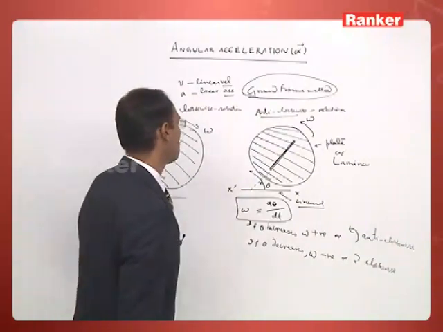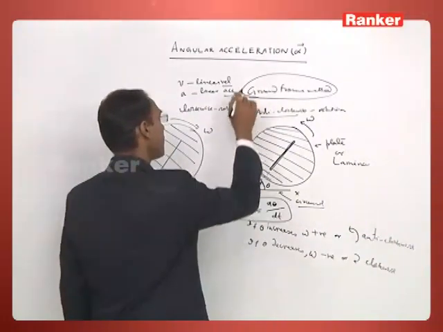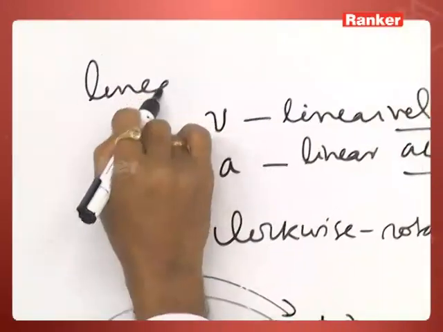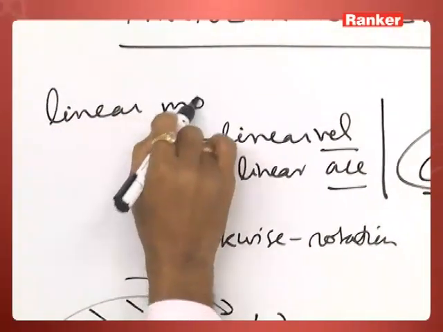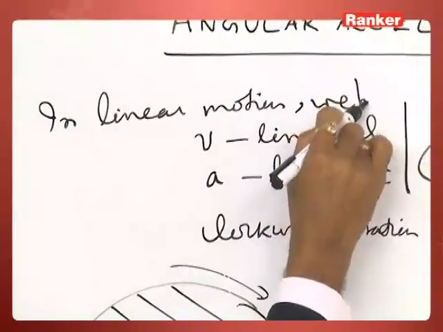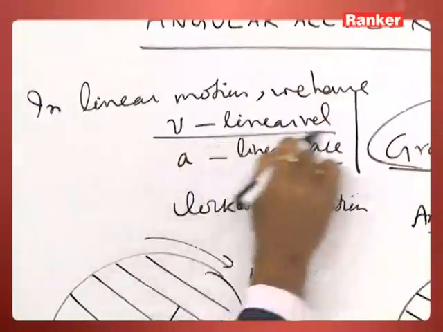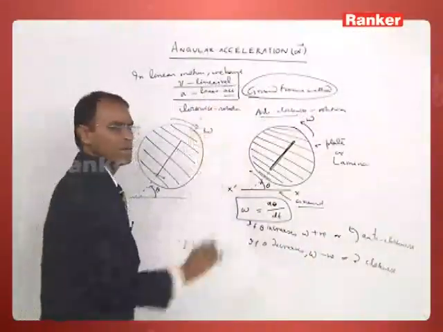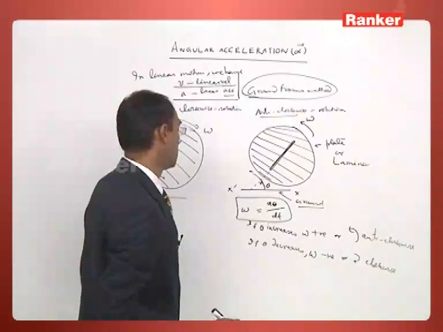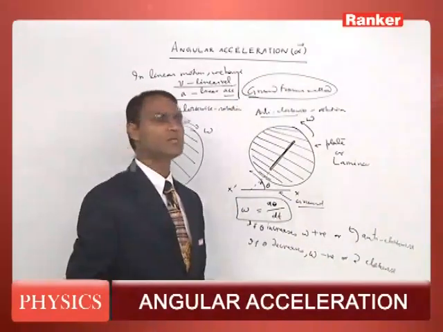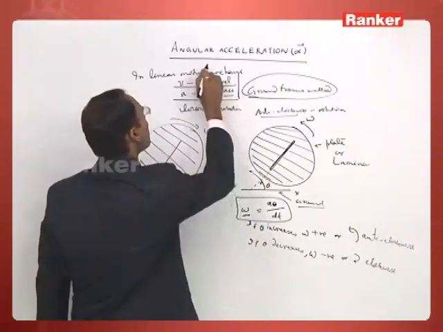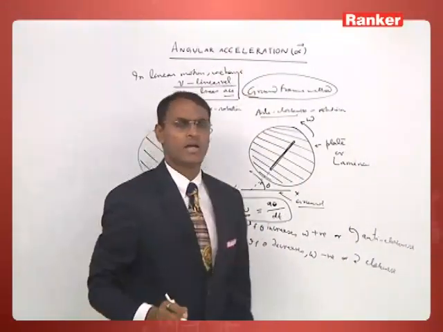Similarly, in angular quantities, in angular motion, this is the linear motion. In linear motion, we have linear velocity and linear acceleration. In angular motion, we have angular velocity. Similarly, we have angular acceleration.